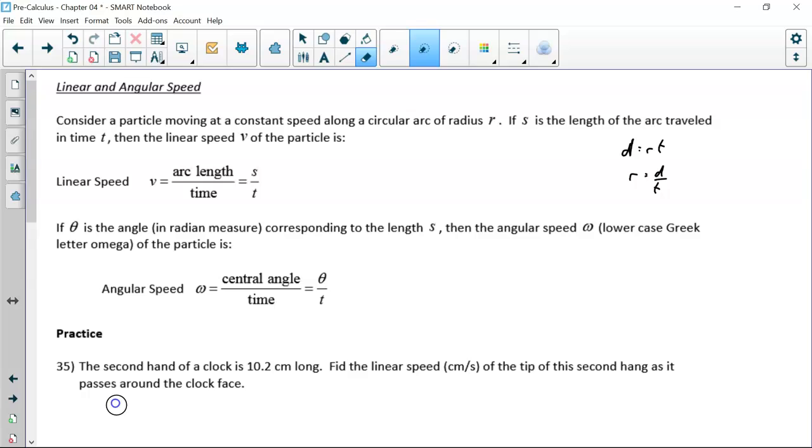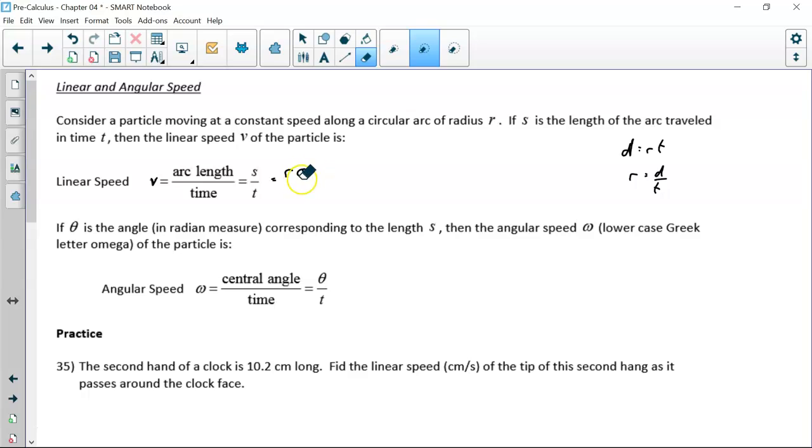Now, that corresponds to what we're going to be talking about with linear speed. The linear speed, that's like just a fancy V there, is the arc length divided by the time. Now, our arc length is S, or S equals theta r, the radius times theta, that central angle.